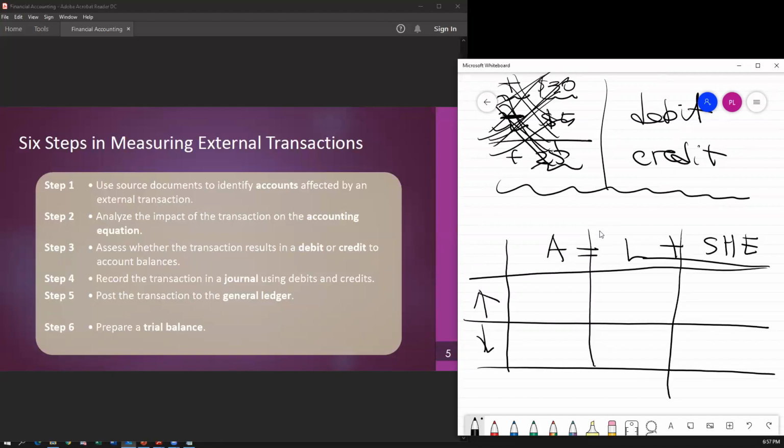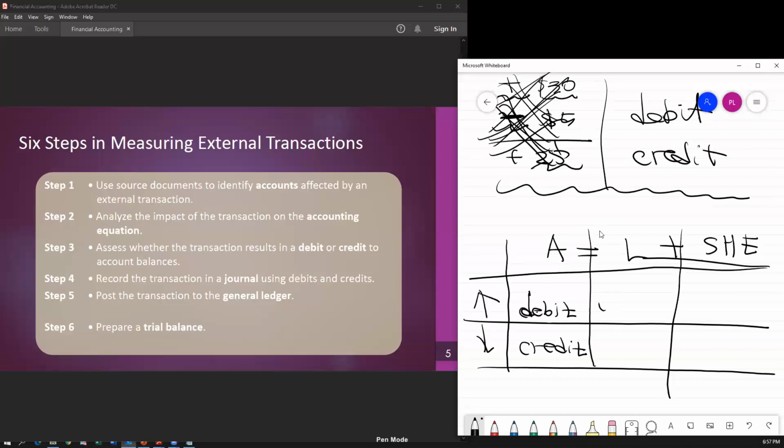So when you report an increase in assets, we call it a debit on assets, okay? So in other words, when we want to increase an asset, we debit the asset, okay? When assets decrease, we say we credit the assets, okay? Now, on the flip side, when we report an increase in liability, we credit the liability.